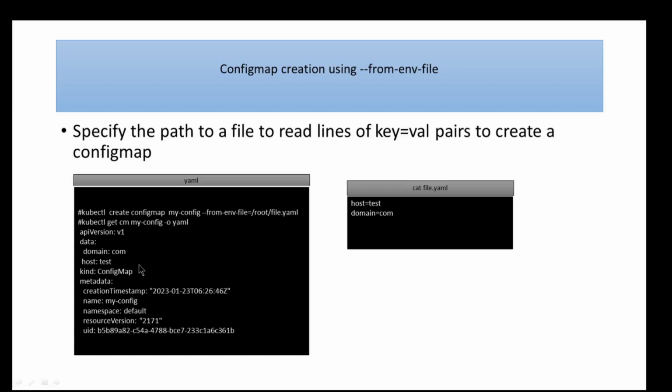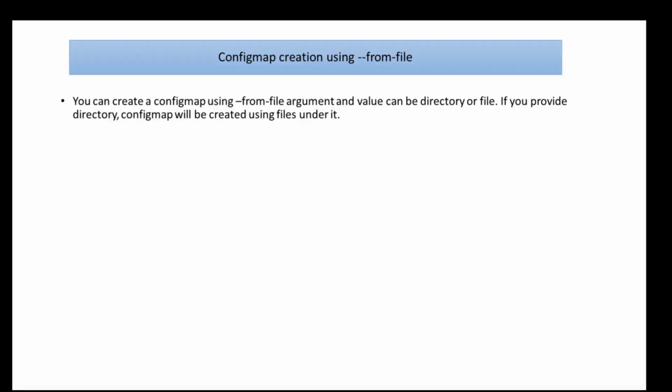So now that we have seen how to create a config map using from-env-file, let's see how to create a config map using the from-file option. With from-file, you can give a file or a directory. If you provide the directory, the config map will be created using the files under it.